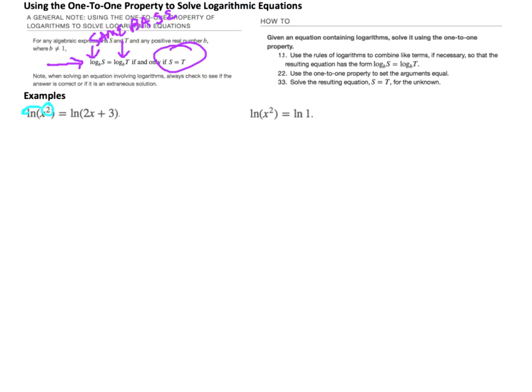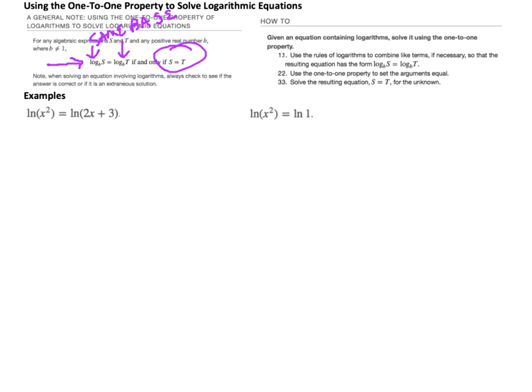And that gives me two times the ln of x, and I'm going to get this equal to 0, so I'm going to subtract the ln of 2x plus 3, and that's equaling 0. Actually, I'm going to start over on this. Do over.